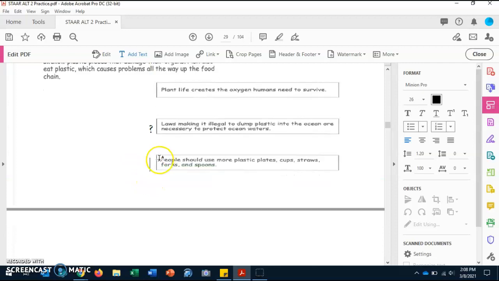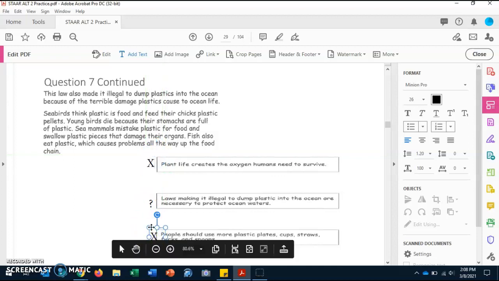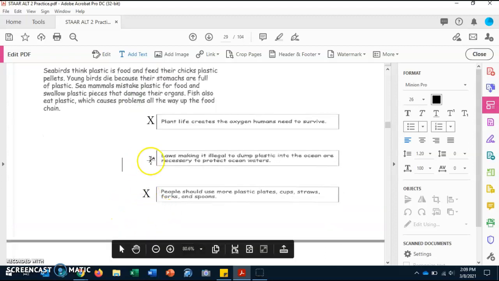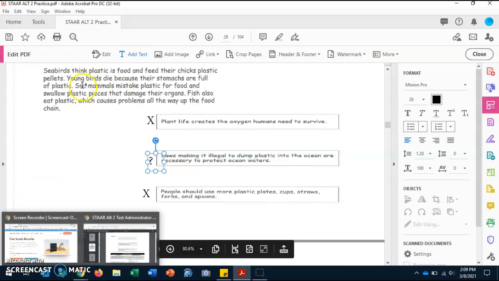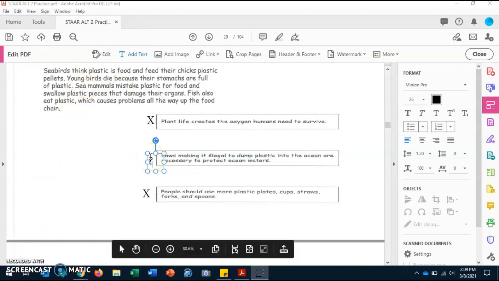The purpose is for us not to use plastic because we're dumping everything into the ocean. So this could not be our answer. So our answer here is the second one. This is our correct answer.